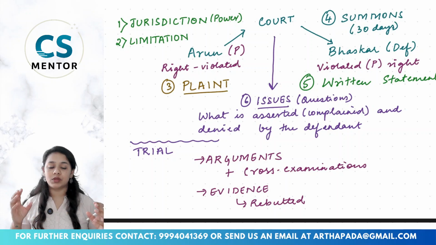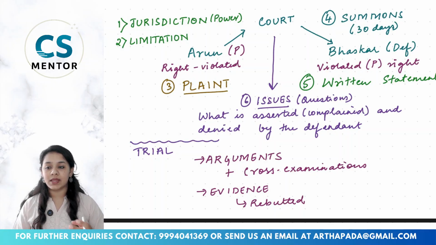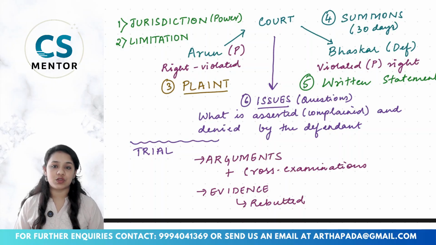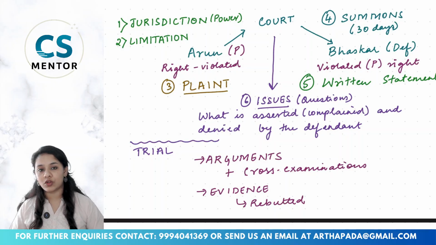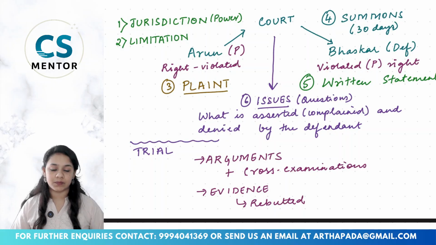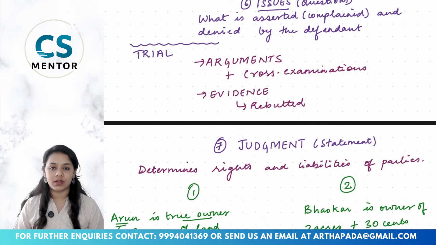Now, once both the plaintiff and the defendant are brought to the court of law, and both of them have submitted the plaint and the written statements, then issues will be formed, either one or two questions or a series of questions. These questions are determined based on what is complained of or asserted by the plaintiff and what is denied by the defendant. Once the issues are formed, we say that the trial starts.